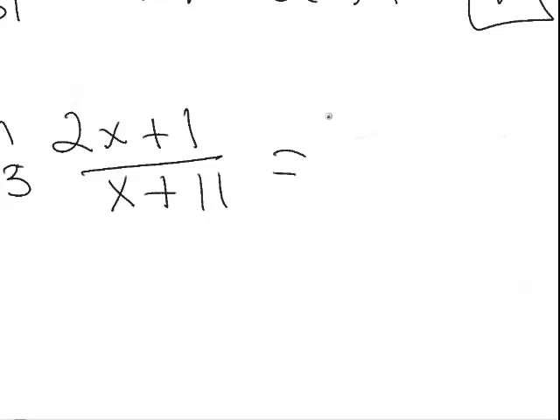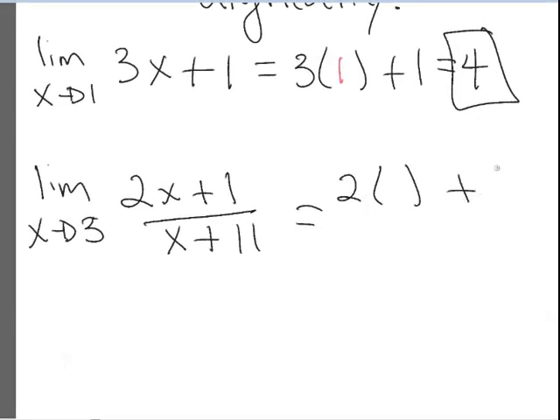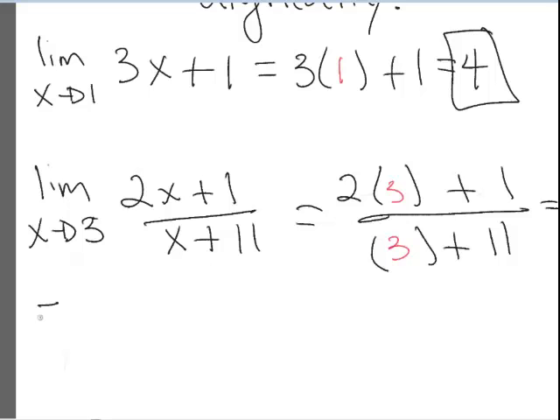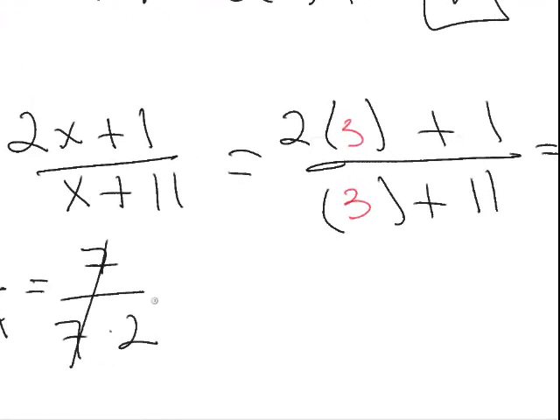So again, just plug and chug. I think I just got off the screen, recording screen, so let me rewrite the answer over here. And whenever I reduce, because 7 times 2 is 14, the 7's can cancel, leaving me 1/2.